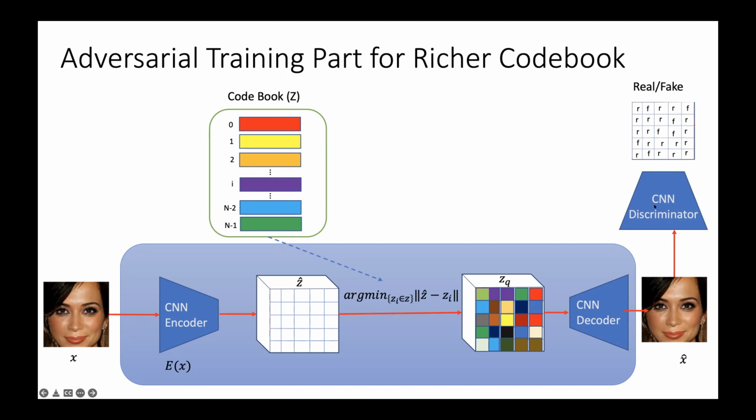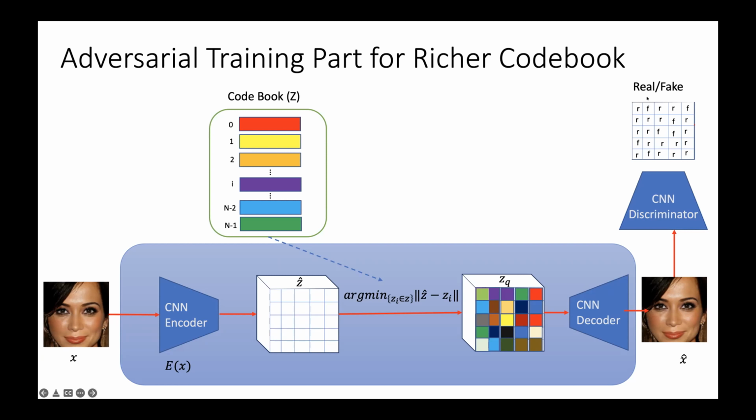The CNN discriminator gets the reconstructed image and the real image as input, and gives us the exact dimensionality of the feature space that we had.